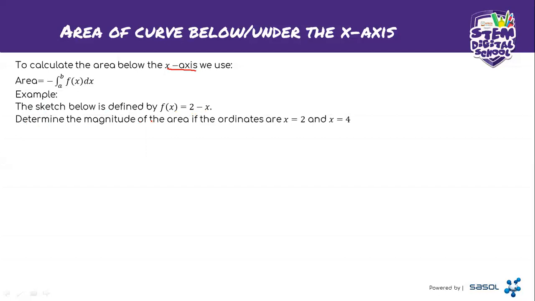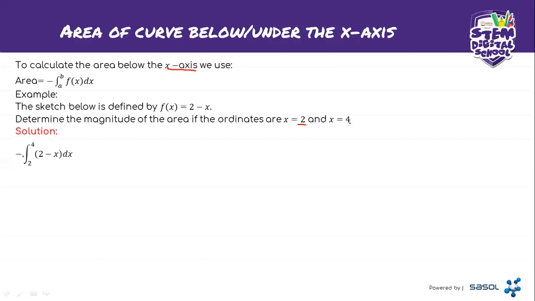Determine the magnitude of the area if the ordinate equals 2, x equals 2 and x equals 4. It's very clear from this question that 2 is going to be the lower limit and 4 is going to be the upper limit. Then let's see how we do that.